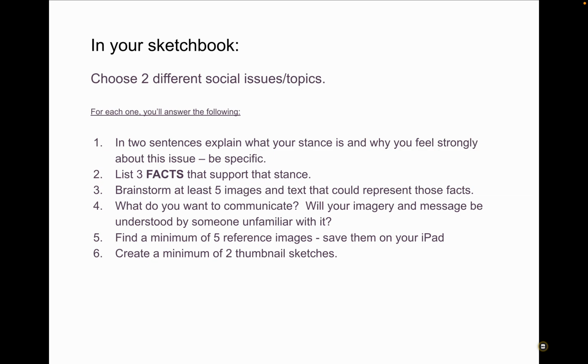Next, you're going to brainstorm at least 5 images and text that could represent those facts. What kind of pictures, what kind of symbols, what kinds of images can work with whatever your stance is? If I'm doing endangered animals, having images of the endangered animal, for example, or maybe the environment that they live in, or something about how they're becoming extinct.